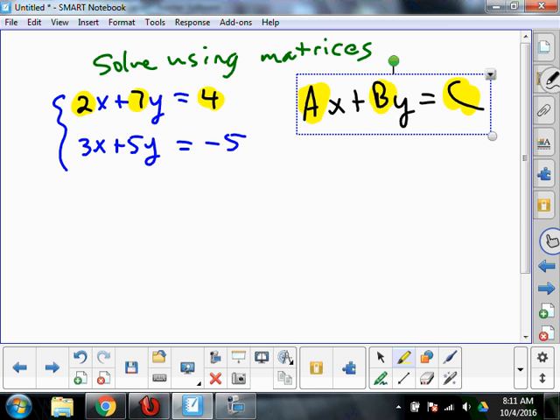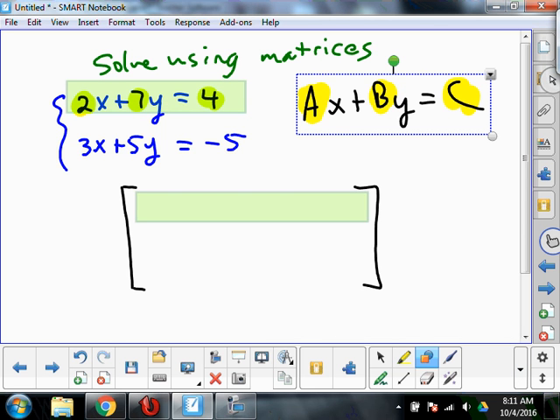So our matrix A is going to look like this. The top row is going to correspond directly to that first equation. This equation will be represented by this top row. So guess what that top row is going to have in it? A 2, and then a 7, and then a 4.